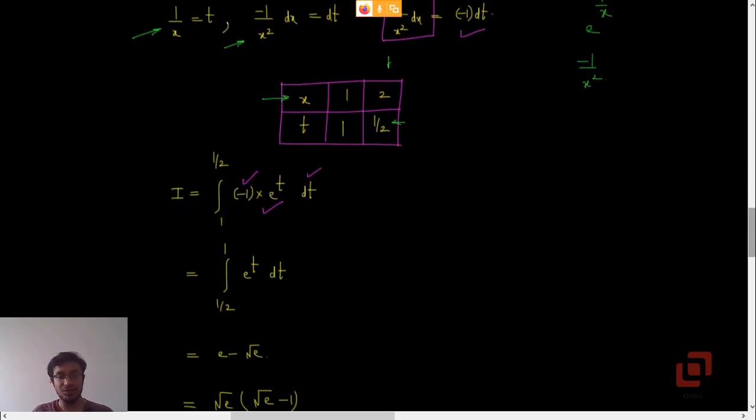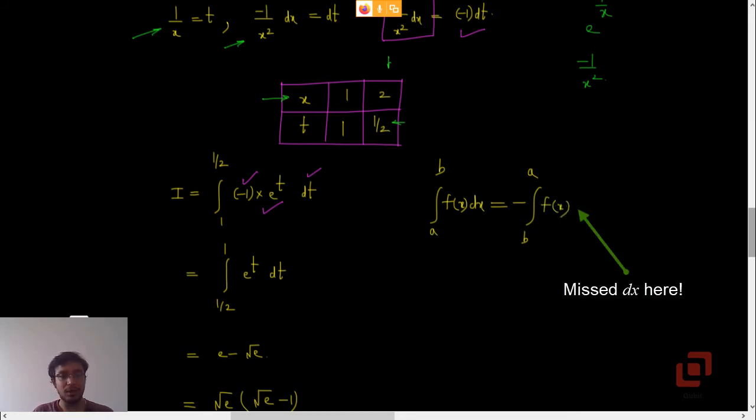If you want, you can use the property of the definite integrals, that if you interchange the limits, the value of the definite integral changes its sign. So I have utilized the negative sign here to swap the lower and upper limits. Here the upper limit was 1 upon 2. Here the upper limit is 1. Okay.